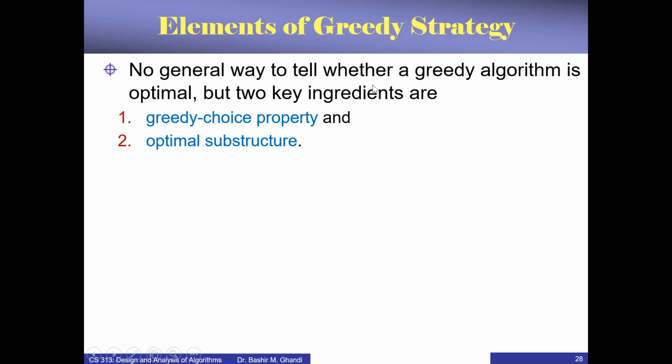Okay, so this is similar to dynamic programming. The optimal substructure is there, but in the case of dynamic programming, the next criteria to look for was that the subproblems are overlapping. So overlapping subproblems was the second important issue in the case of dynamic programming. Here, no. The issue is, can we make a safe greedy choice? So if there is an optimal substructure and there is a greedy choice that can be proven to be safe, then you can solve the problem with greedy strategy.